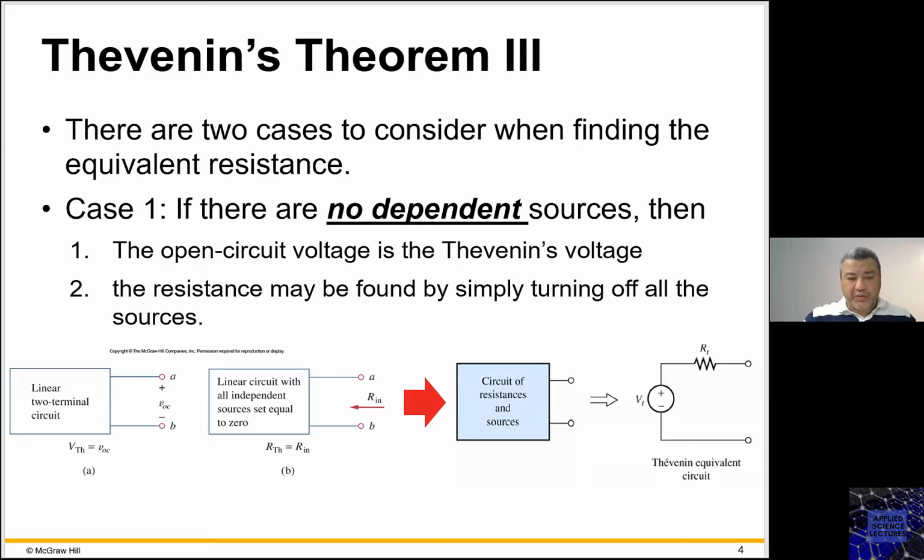So, as I said, we have two cases for those linear complex circuits. The load could be a resistor. It could be another smaller circuit. It could be whatever that load is. It could be simplified or represented by a resistor, for example, as we will see in our example.